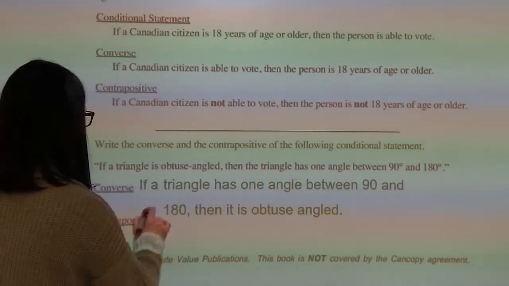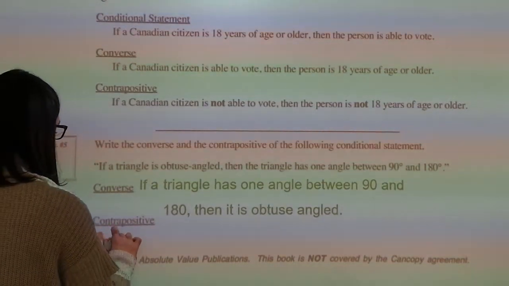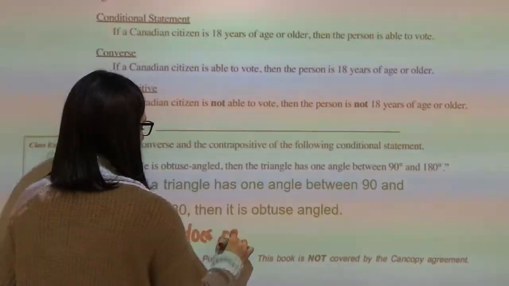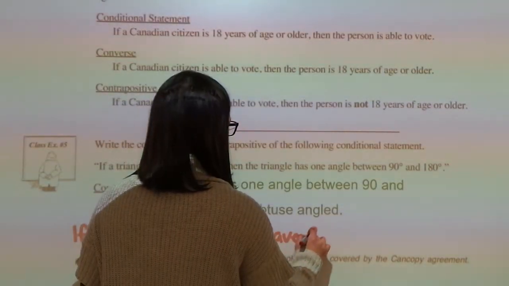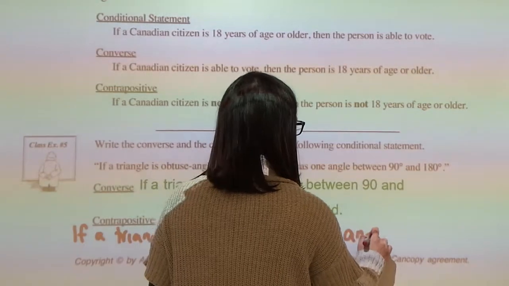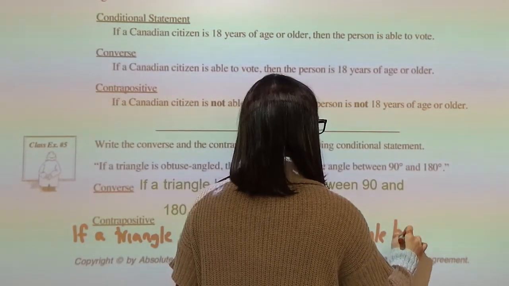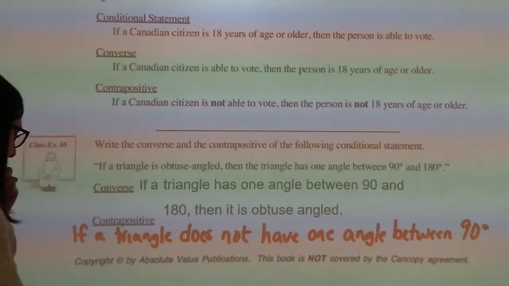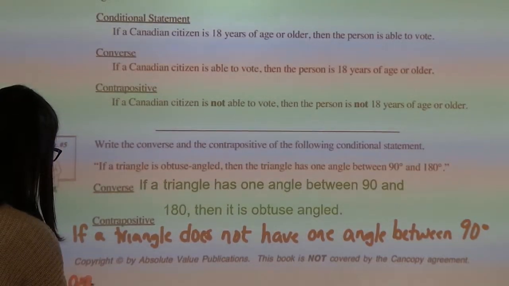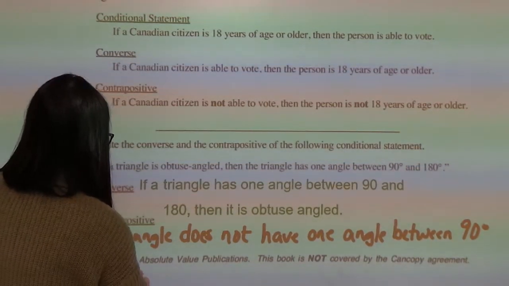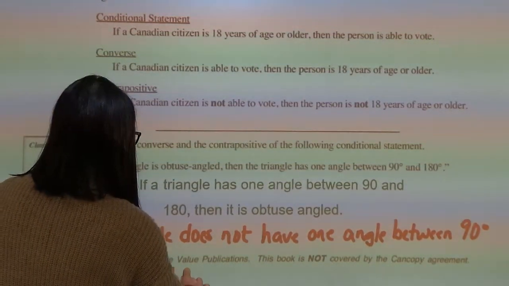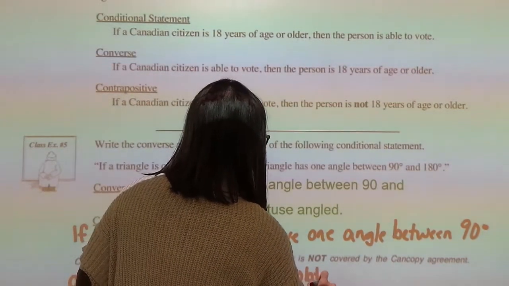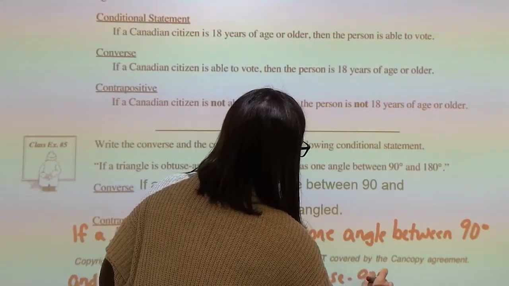We just start sticking in those nots. So if a triangle does not have one angle between 90 and 180 degrees, then it is not obtuse angled.